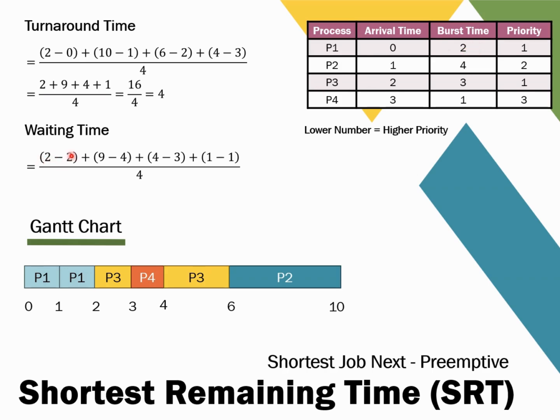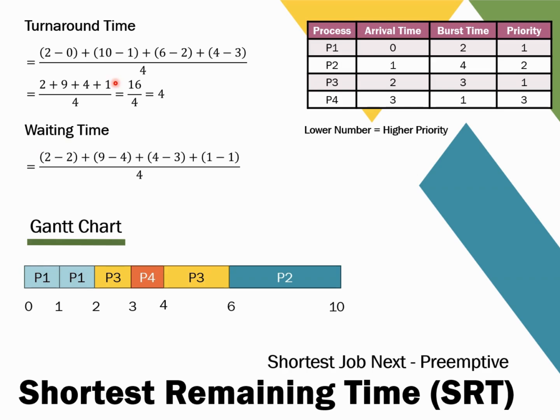So 2 minus 2 is the waiting time for process 1. The next one, the turnaround time for P2 is 9 and the burst time is 4, so 9 minus 4 is 5. The next one, the turnaround time for P3 is 4, minus the burst time 3, so the waiting time for process 3 is 1.